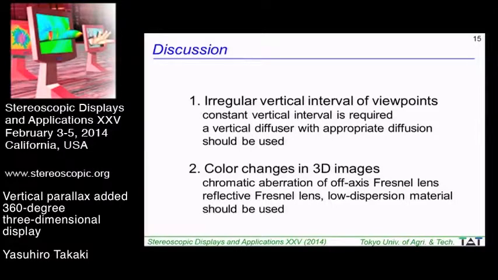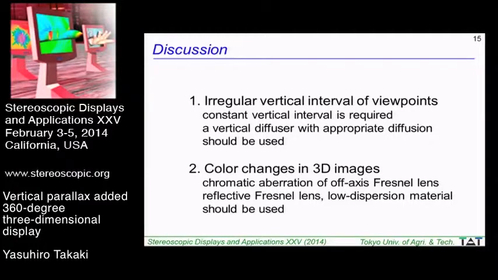Discussion. In the experimental system, viewpoints were generated on differently inclined circles. So an irregular vertical interval of viewpoints was observed. When the vertical interval was large, regions without image were observed.